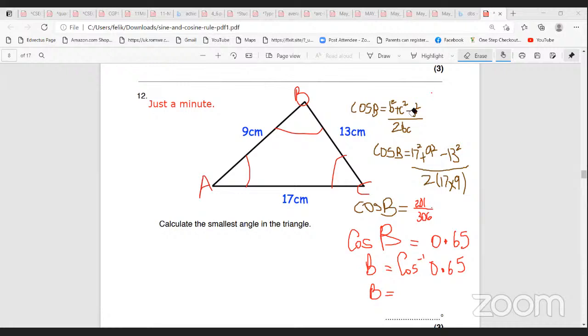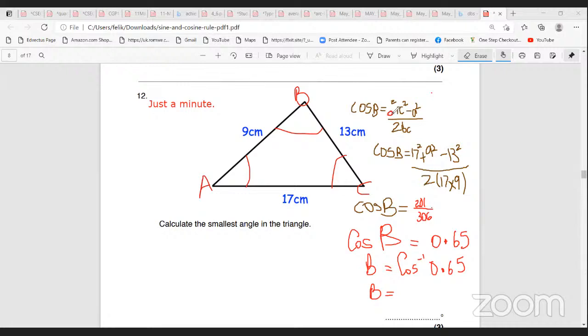Peter. Yes, miss. All right, I was double checking the solution and I realized that we have an error from up here. If it's cos B, it should be b squared, but it would be a squared.